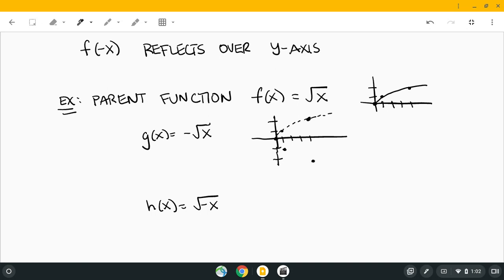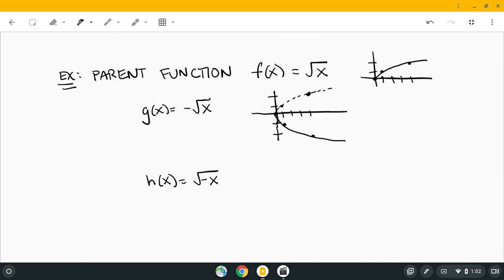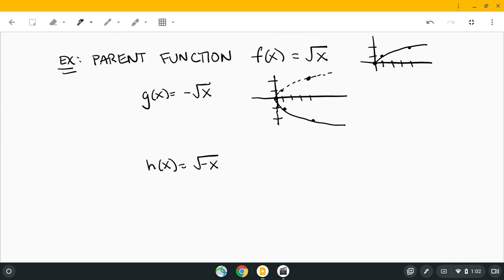So our final graph is this solid curve down here. Again, that dashed one is just the parent function, so your final graph will just be this piece here on the bottom.